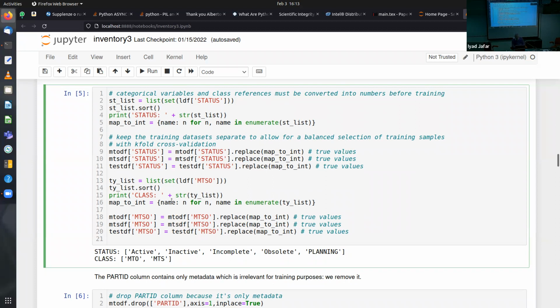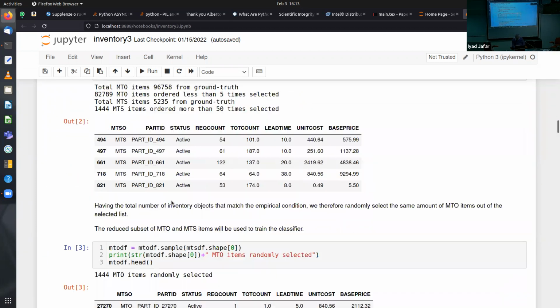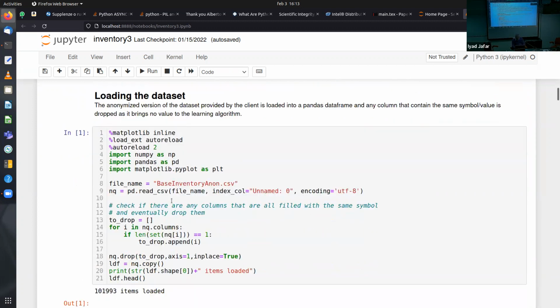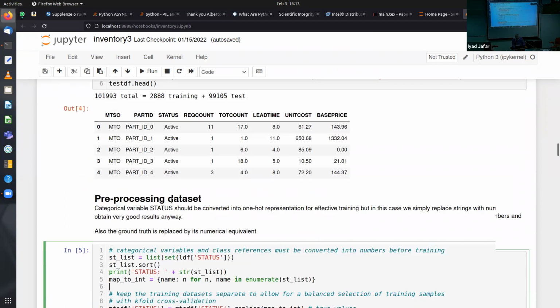And let me see if I set correctly the setup, because where is it? Maybe it's further down.